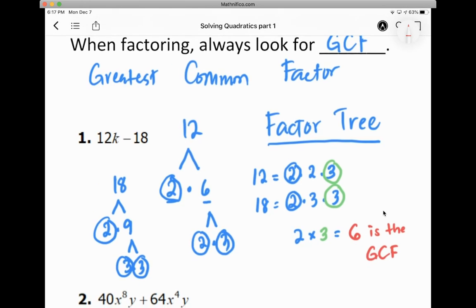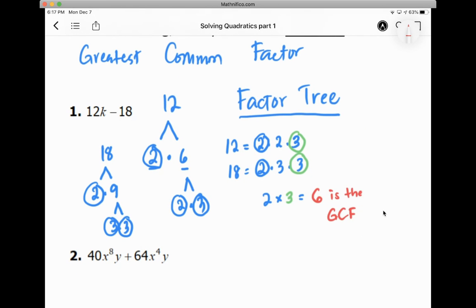So if we are to solve problem number 1 using factoring, of course we can already use 6 as the greatest common factor. Let me go ahead and write it down. So I have 12k minus 18.